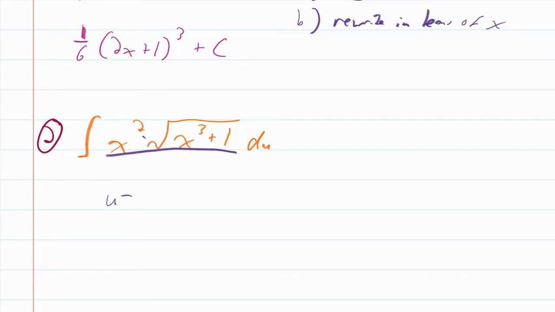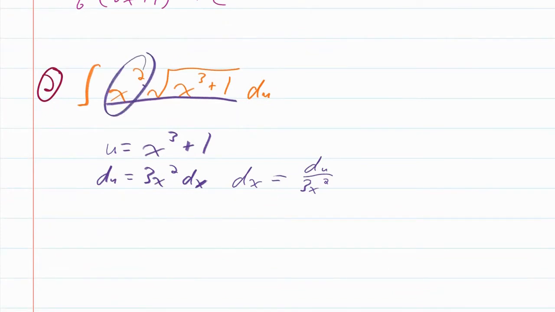So if I let u equal the radicand, we get u equals x cubed plus 1, then du is 3x squared dx. When I rewrite this, I rewrite it as dx equals du over 3x squared. What I'm going to notice is that that x squared in the denominator is going to divide out the x squared that happens to be multiplying right up here.